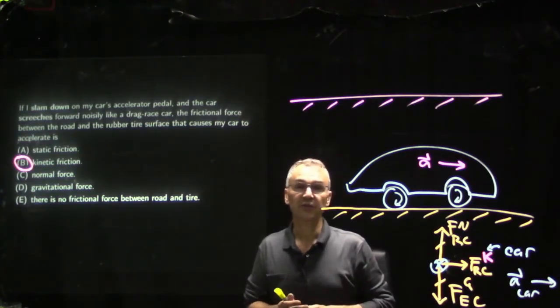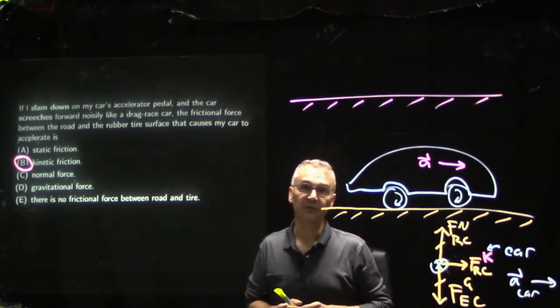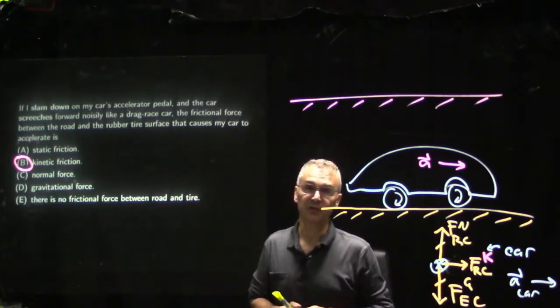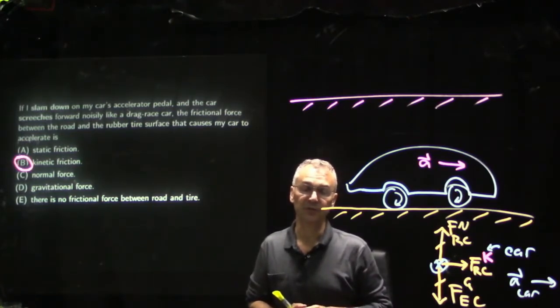If you could accelerate smoothly enough that the car tires do not slip, then that usually gives you the optimal acceleration, because the possible frictional force between the road and your tires is bigger if the car tires are not slipping. In other words, the maximum possible value of static friction is almost always bigger than the kinetic friction value for the same two surfaces.